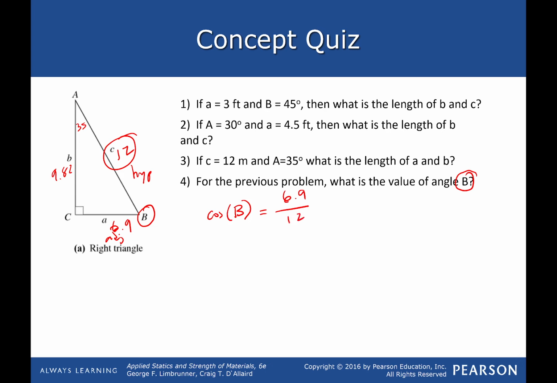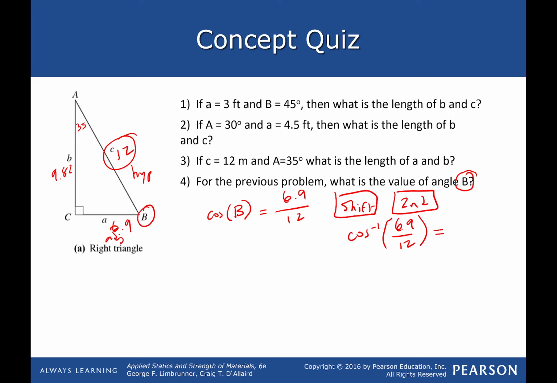Now, what you have in your calculator is usually you either have a shift button or sometimes a second button. If you click that, then when you hit the cosine, it will give you instead cosine to the -1. What you need to do is you're going to do cosine -1 of 6.9 over 12. What it will pop out is an angle.